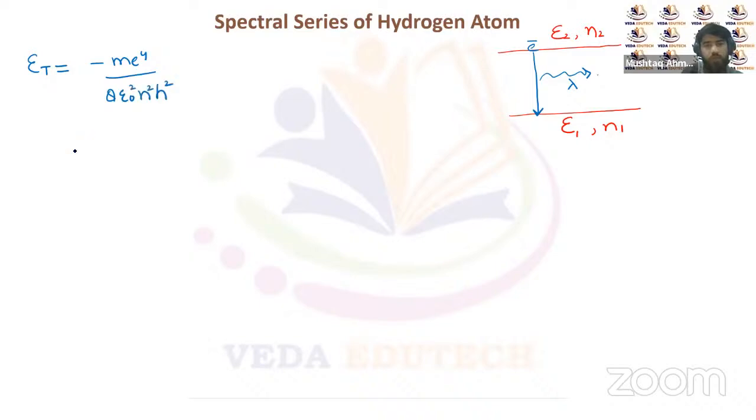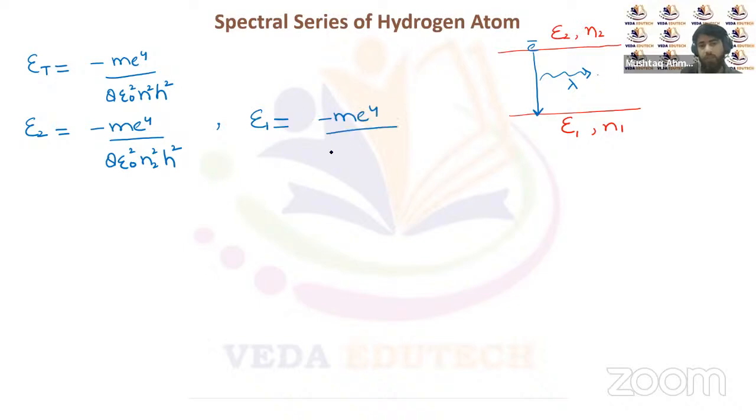Similarly, the energy of the electron in the orbit E2 will be E2 equals minus me to the power 4 upon 8 epsilon naught square n2 square h square. And the final energy of the electron in the lower orbit, once the transition is made, will be E1 equals minus me to the power 4 upon 8 epsilon naught square n1 square h square.